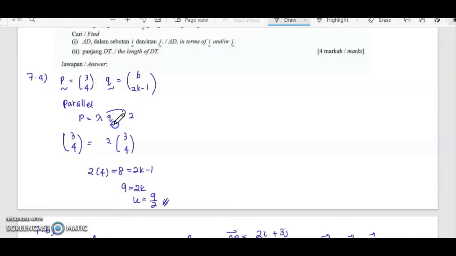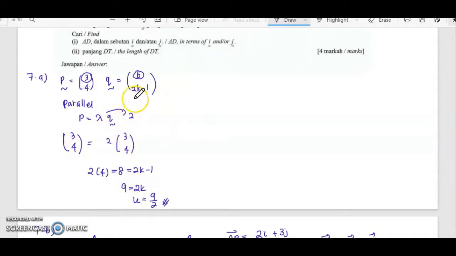So here, if we look, vector P is (3, 4) and then Q is (6, 2K minus 1). If we look at 3 and 6 here, it means Q is a scalar multiple of P. Okay.